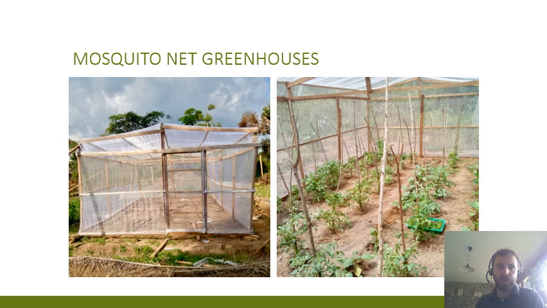So for example, we can make a cheap self-made greenhouse that can be moved and transported to grow, for example, tomato. So tomato is always in these greenhouses, and we just move the greenhouses every year.